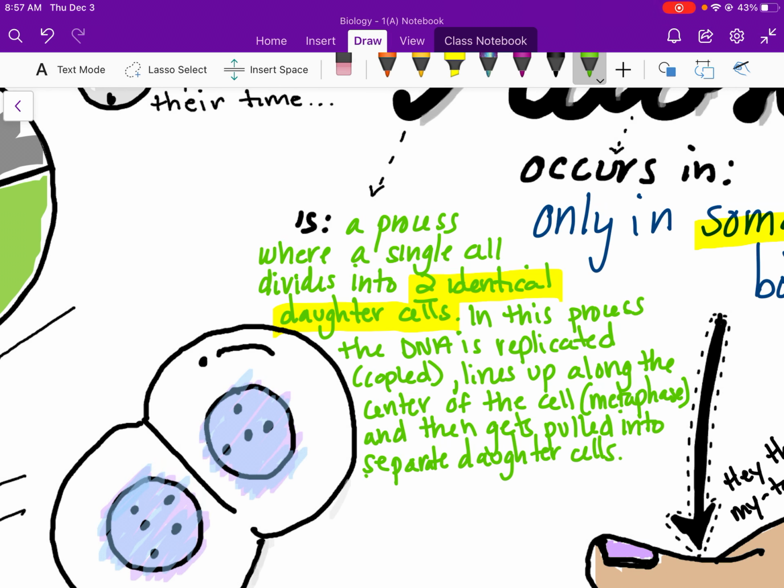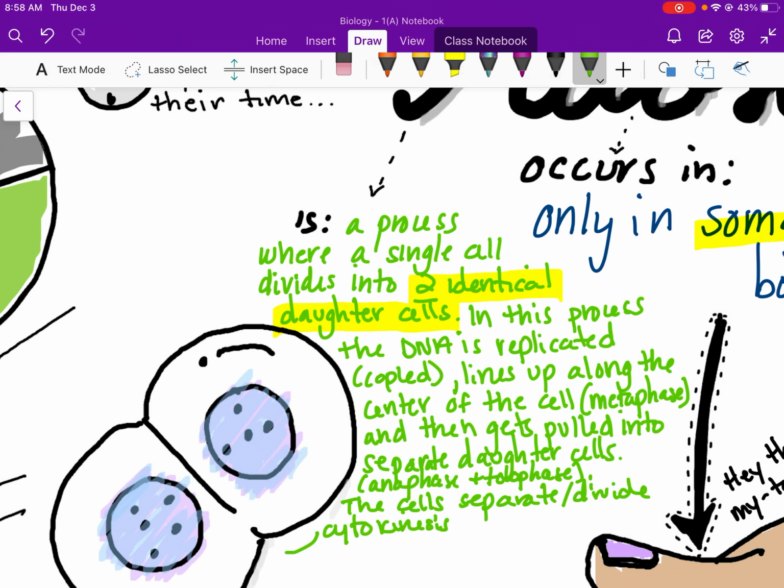Then, so that's anaphase and telophase. And then, lastly, the cells separate or divide, and this is called cytokinesis. That's this process right here.